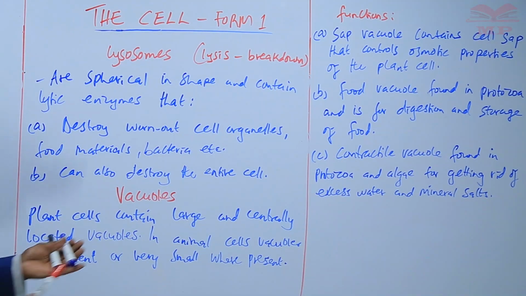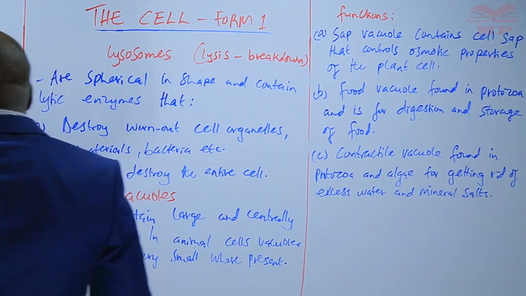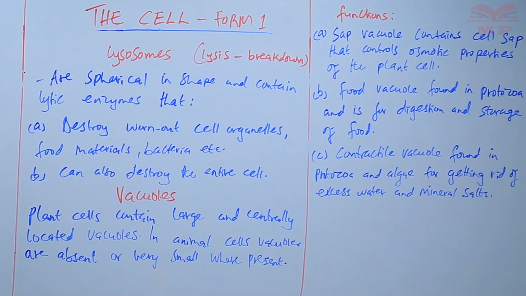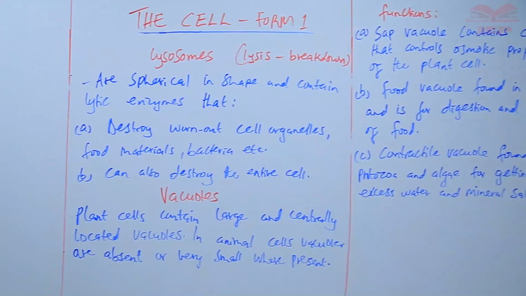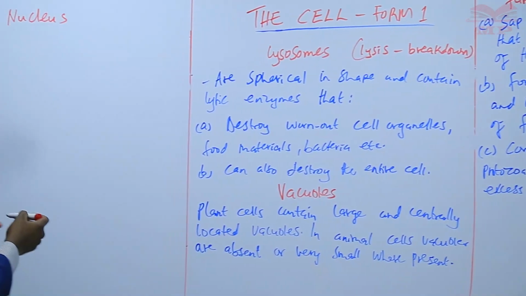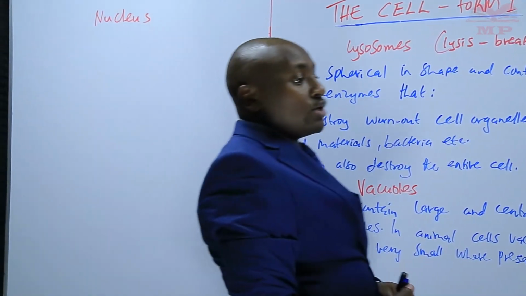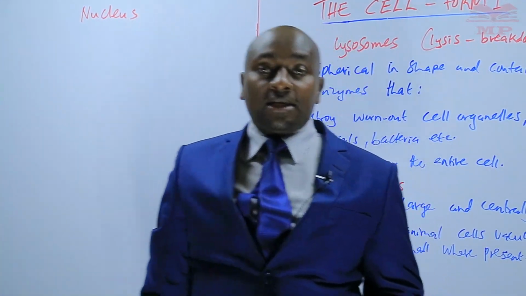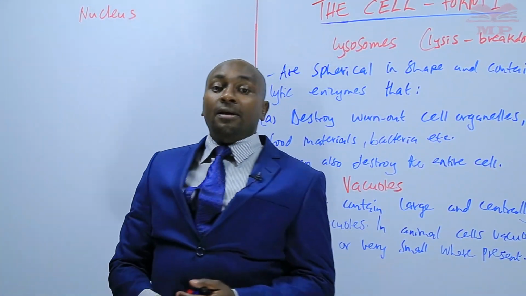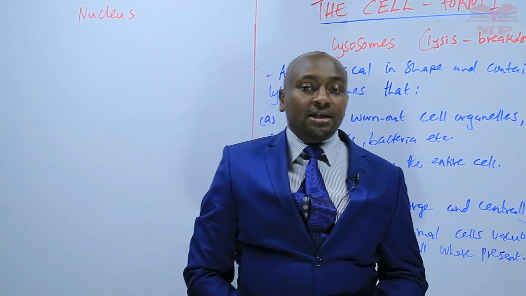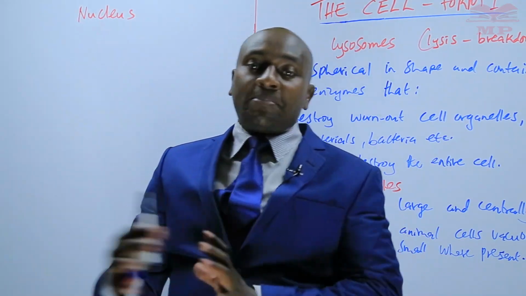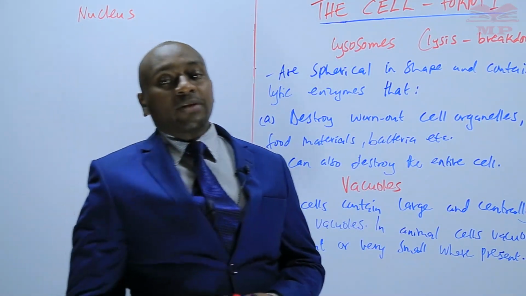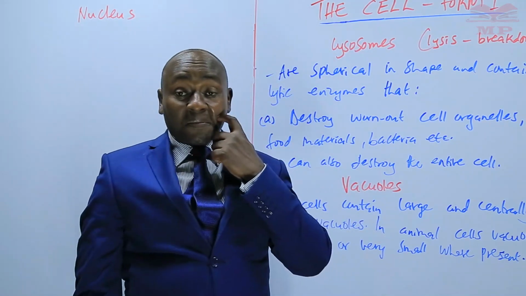Now the next structure is the nucleus, a very important part of the cell. The nucleus in animal cells is centrally located, as in it's at the center. In plant cells, it is towards the periphery, just next to the cell membrane.